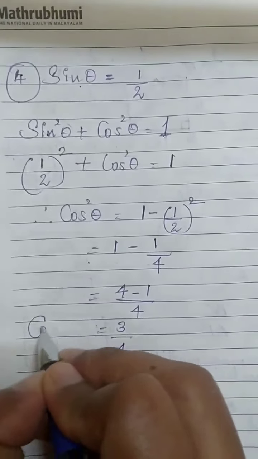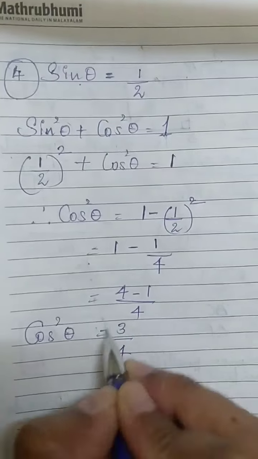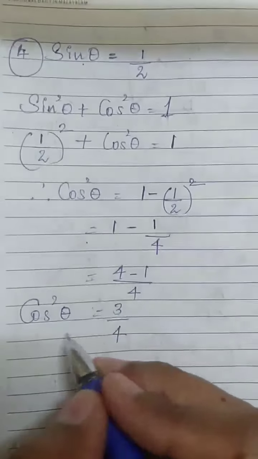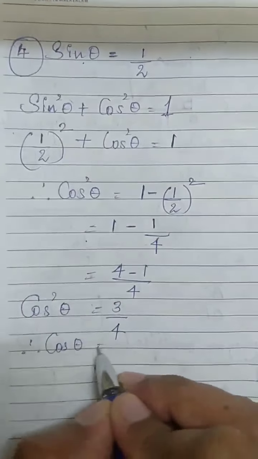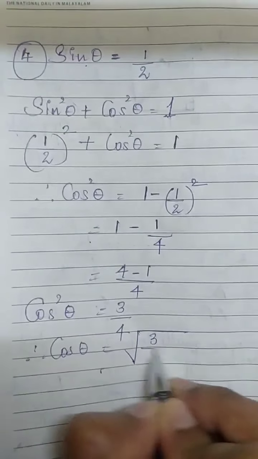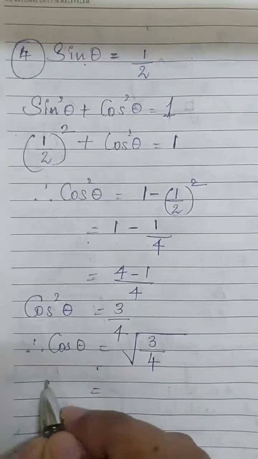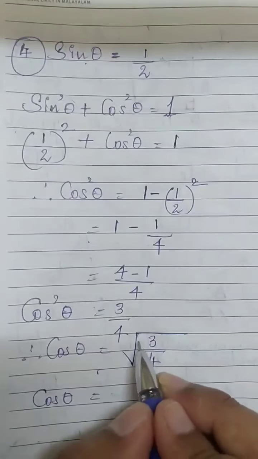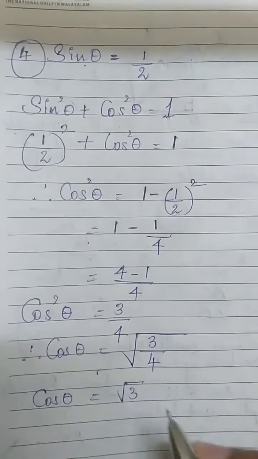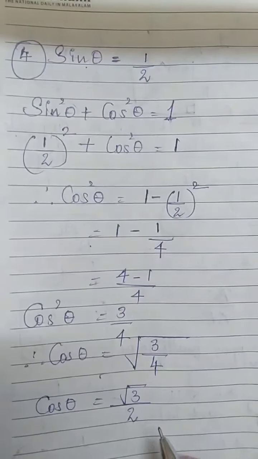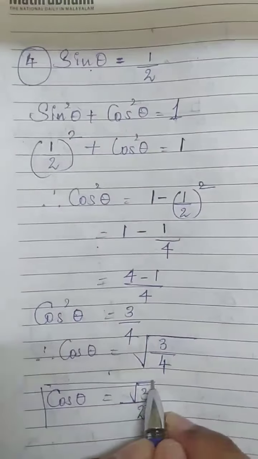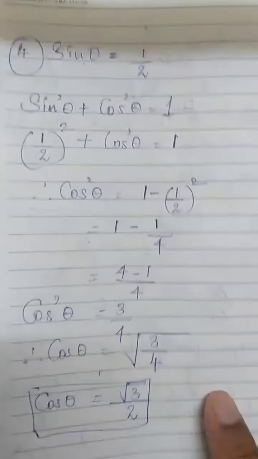So cos square theta is equal to 3 upon 4. What will be cos theta? Therefore cos theta is equal to square root of 3 upon 4. Root 3 will remain as root 3 upon square root of 4, which is 2. So you got cos theta is equal to root 3 upon 2.